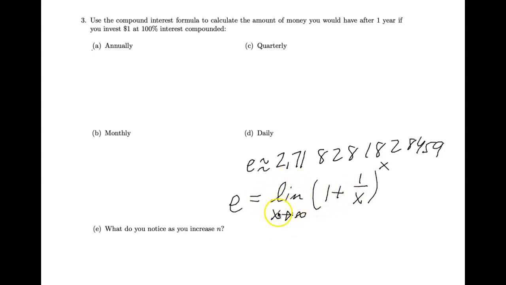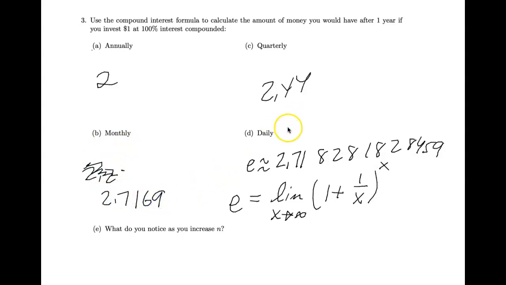This idea of the limit is saying as x is getting larger and larger. For this example, annually it was 2, quarterly it was 2.44. Monthly, 2.613, I looked at the wrong spot earlier. With n is 1,000 it was 2.7169, and when we did daily, we got 2.714567.